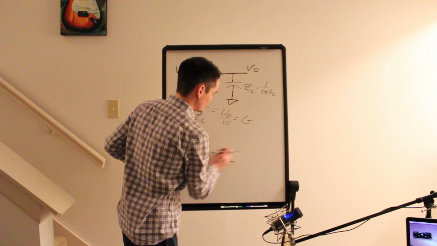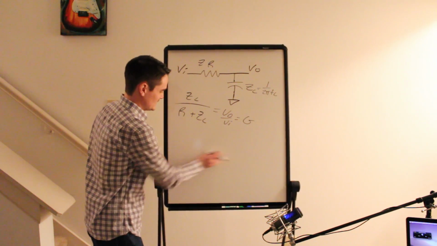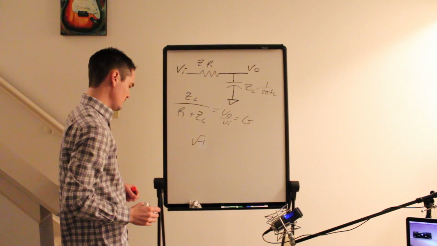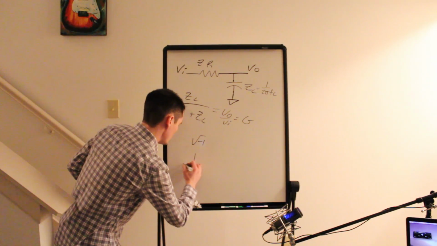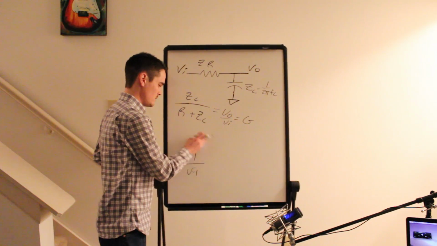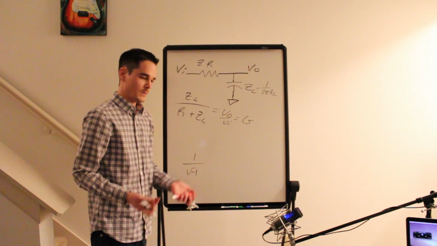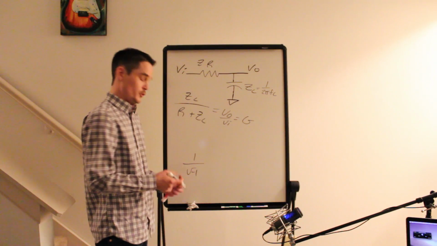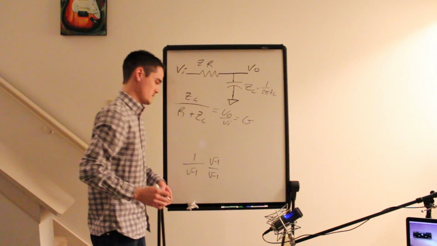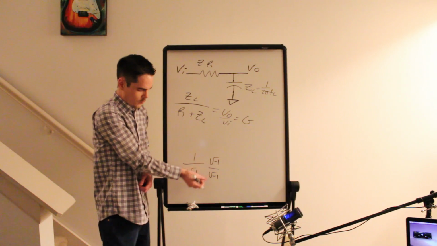Let me just explain. So j, like I said, is equal to the square root of minus 1. So if you had 1 over the square root of minus 1, you could multiply that by 1 and you get the same thing, right? Or you could multiply it by the square root of minus 1 over the square root of minus 1. Then that's like a 1, right?